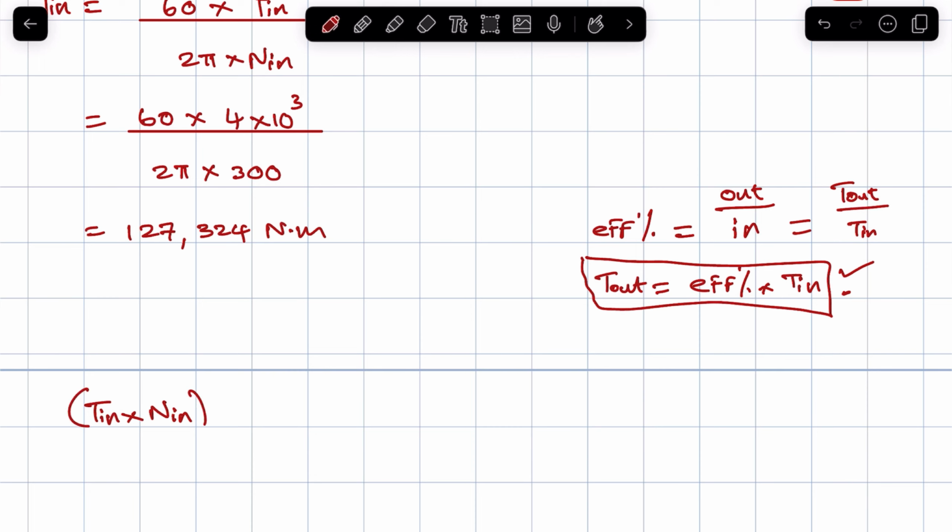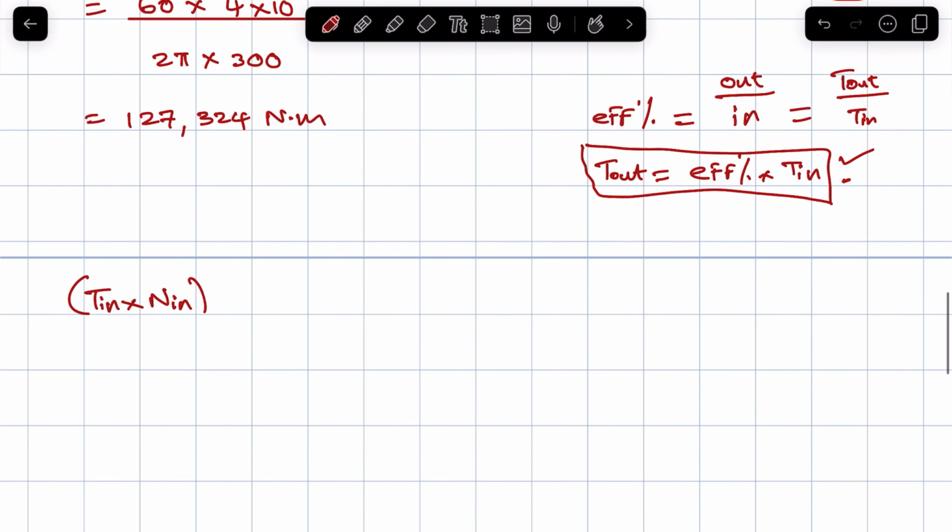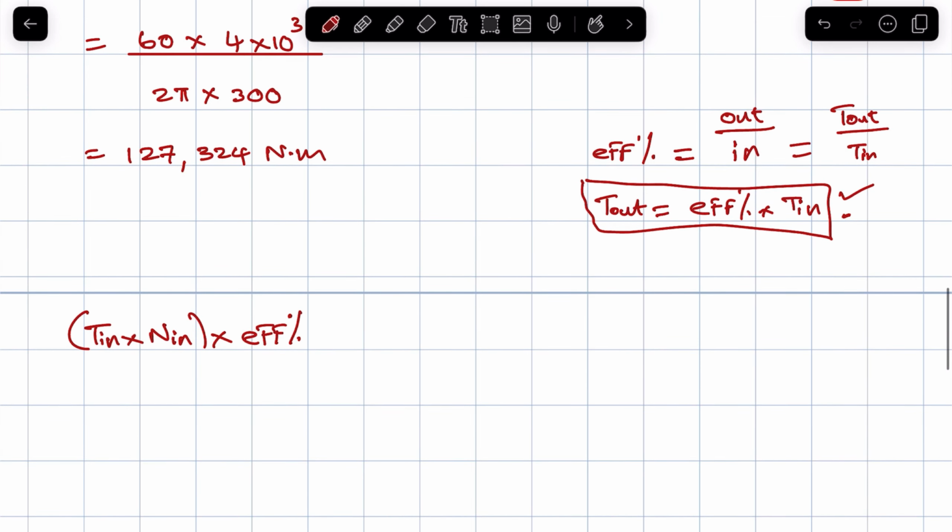Therefore, in this condition of equilibrium, since the gear system is not 100% efficient, we are going to multiply T in by the efficiency.